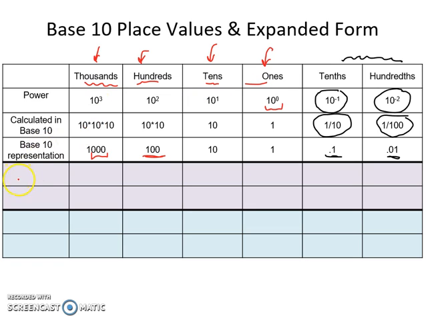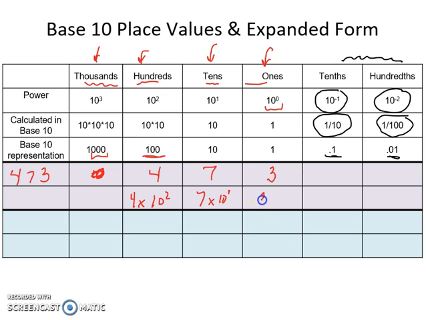So if we had the number 473, what we could do is put one digit in each appropriate column. We notice that 4 lands in the hundreds, so that could be written as 4 times 100 or 4 times 10 squared. 7 could be written as 7 times 10 or 10 to the first power.